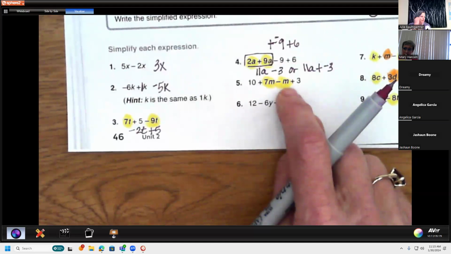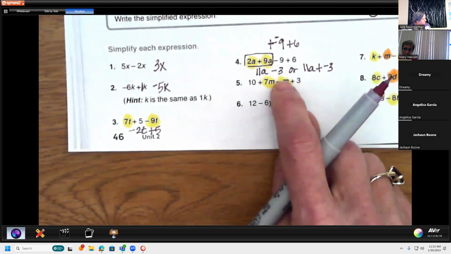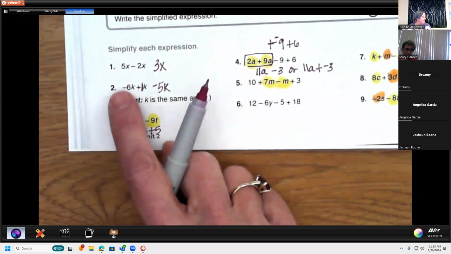So if the negative is to the left of that number or term, it kind of is stuck on there as a negative, if that makes sense. Like over here in number 2, the negative is sticking out here.